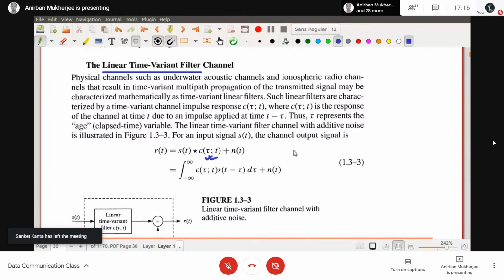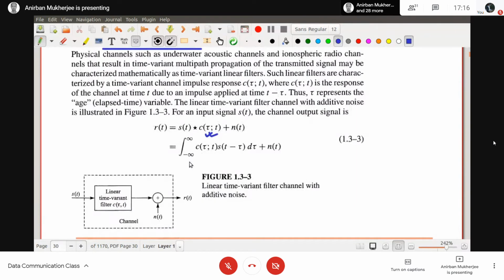So what is the basic essence of linear time invariance? If I give an input at this point and I get some output, and if I give the same input after 1 year to the same plant, I will also get the same output.